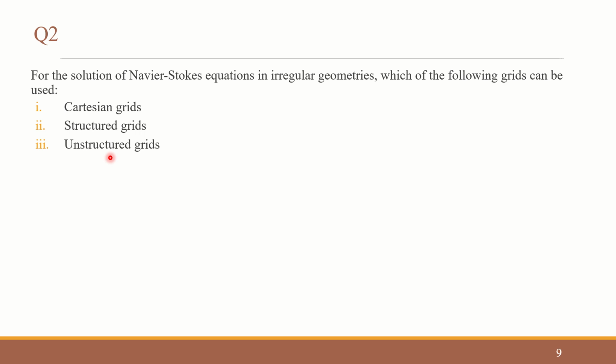So when we talk about the solution options, we have option A 1 and 2, option B 2 and 3, option C 1, 2 and 3, option D only 3. So we have 2 and 3 as the right answer. So option B is the right answer. For the solution of Navier-Stokes equations in irregular geometries, which of the following grids can be used? We can use structured grid or we can use unstructured grid as well.